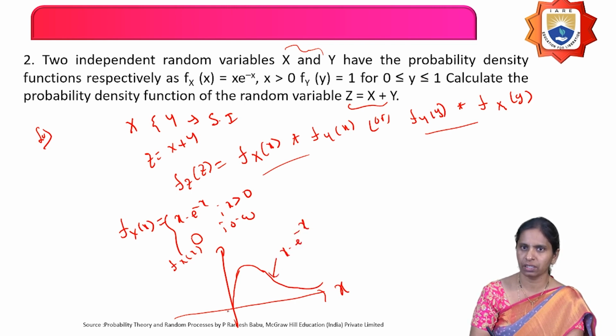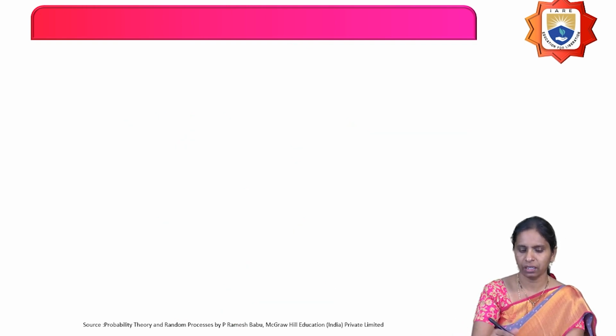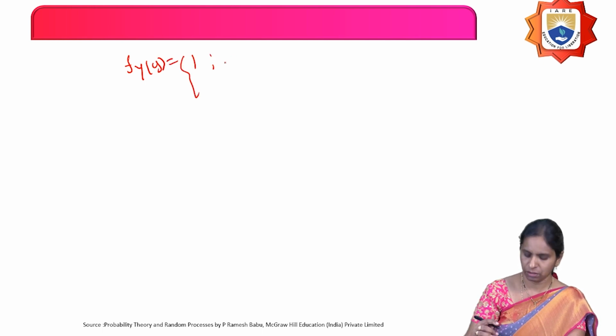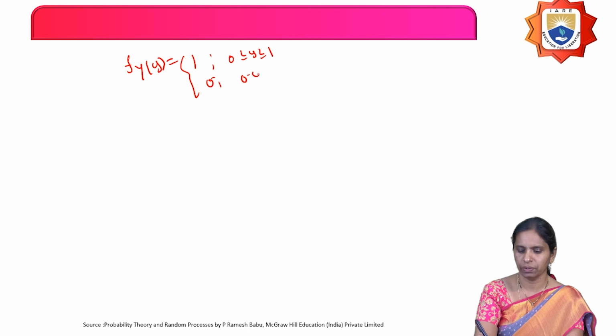For x less than 0 it is 0, and when x is greater than 0 it is x e^(-x). Now, what is f_Y(y)? They have given that f_Y(y) equals 1 when y is from 0 to 1 and 0 otherwise. Now plot this one.